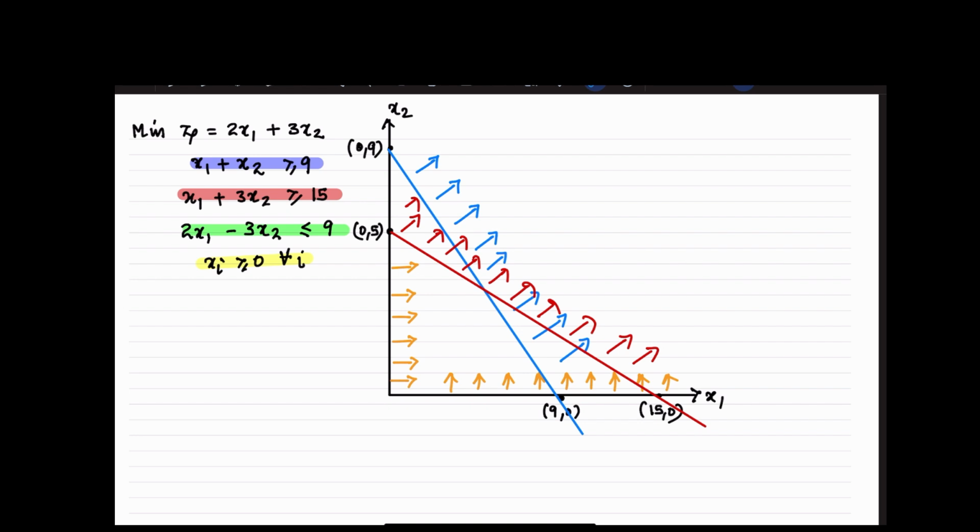Now we plot the green constraint. So for the green, x1 is equal to 9 by 2, that is 4.5. So 4.5 is say this, 9 by 2 comma 0. And if you set x1 as 0, so x2 becomes minus 3. So if x2 is minus 3, it's there somewhere. So pass the line.